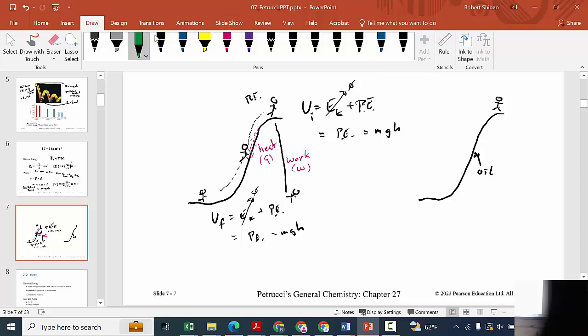And then you tie a rope around your waist, and then you hook it up to a frictionless pulley. And then you have a weight at the bottom here, and the weight at the bottom weighs about as much as you do. And then you go down the slide. And so if we go down the slide here with this weight, we're going to go very slow. And so we go very slow, and then at the end of this, you're going to be at the bottom.